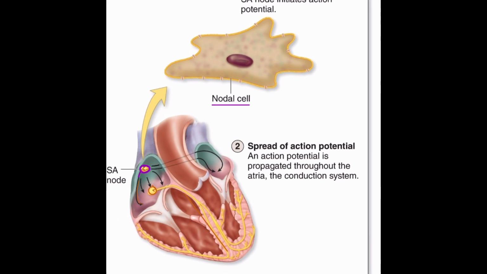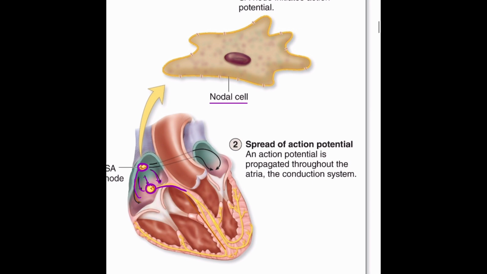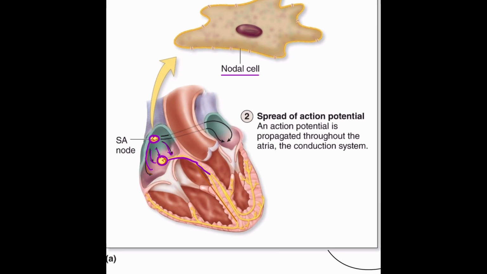So our SA node, that signal will propagate. It will reach our AV node. From the AV node, we will then move on to the right and left bundles, which will then reach the Purkinje fibers.